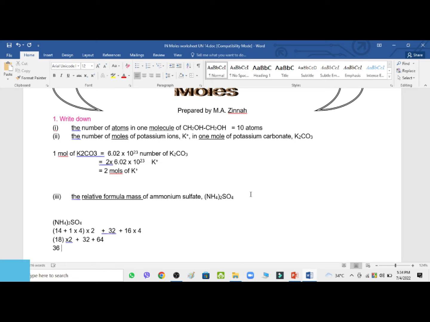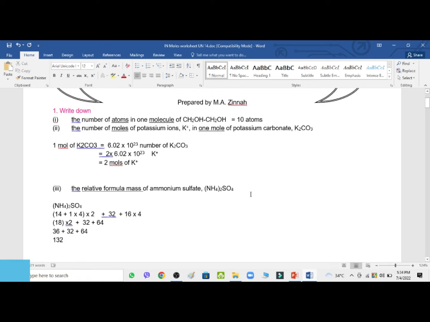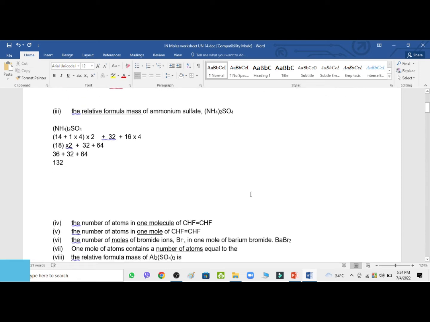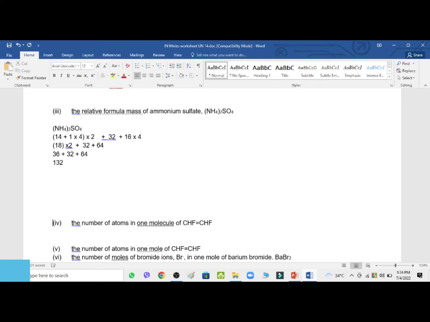Then 36 plus 32 plus 64, together we get 132. So this is the relative formula mass. If this is molar mass, it would be 132 grams. That's it.